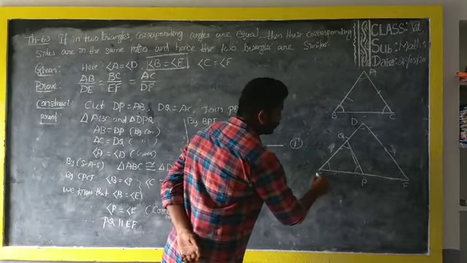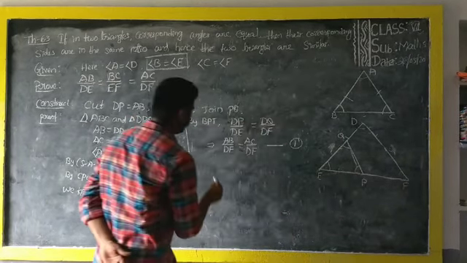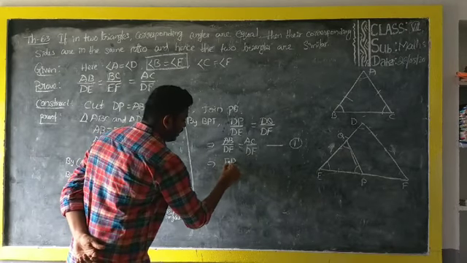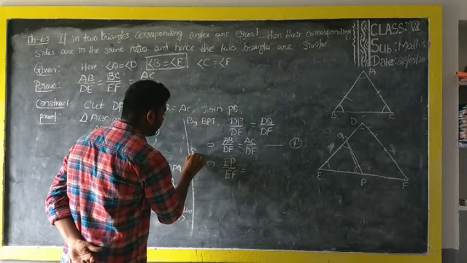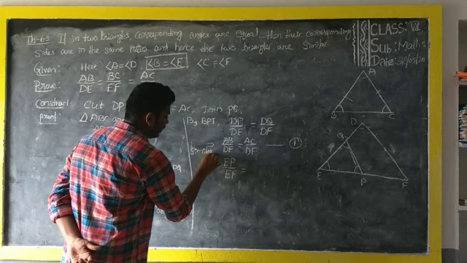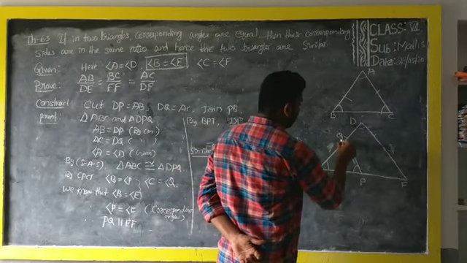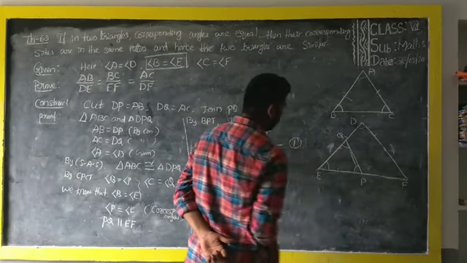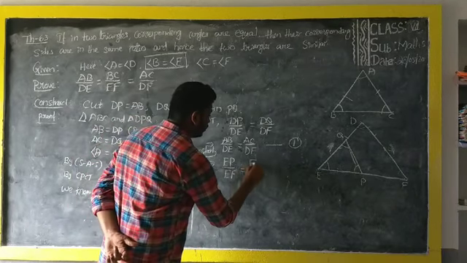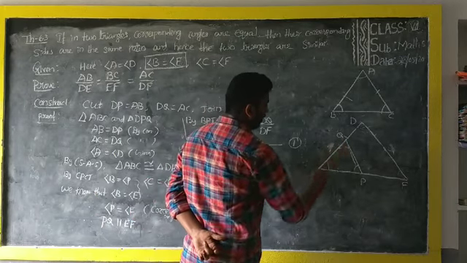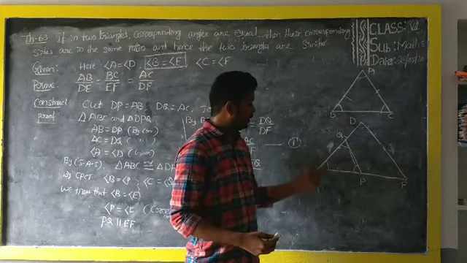So I can write here EP by EF equals, similarly, EQ by ED, or DE. Understand that? EQ by ED. ED means DE.